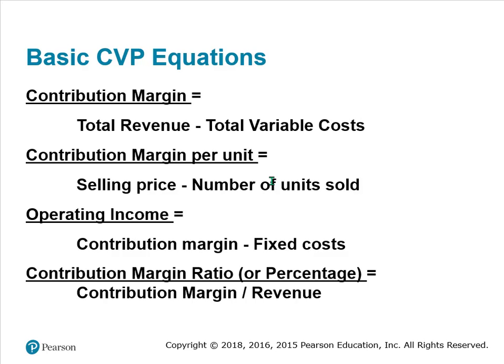So the contribution margin can also be obtained by multiplying the contribution margin per unit times the unit sold. And contribution margin per unit can be obtained by taking the contribution margin divided by the number of units sold. Okay, and you could take the contribution margin per unit and divide that by the selling price and get the contribution margin percentage. All kinds of different ways to rearrange this.